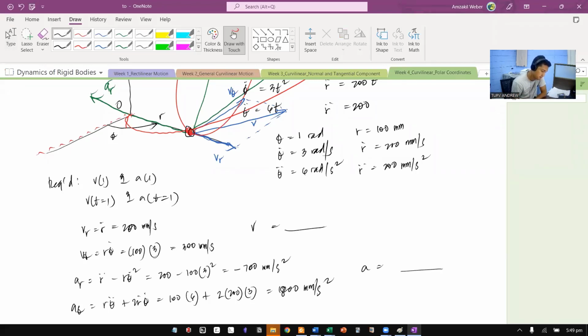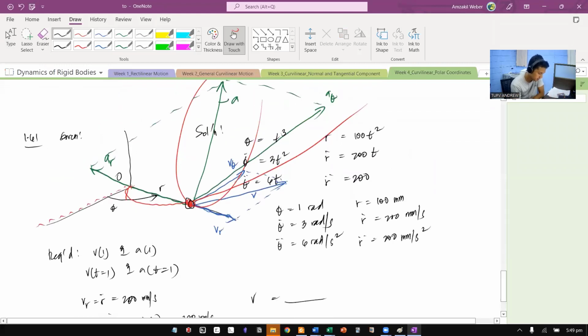For the angle, angle sa velocity, V R and V theta.